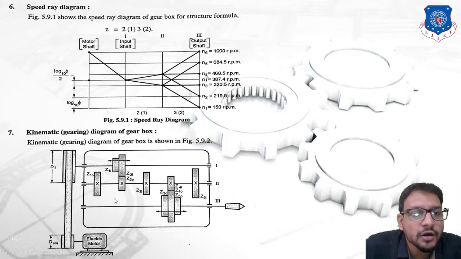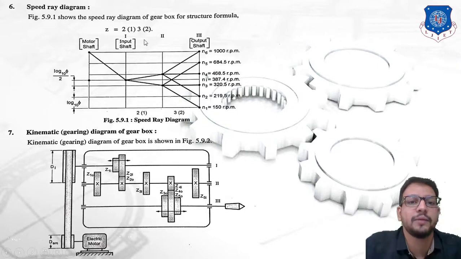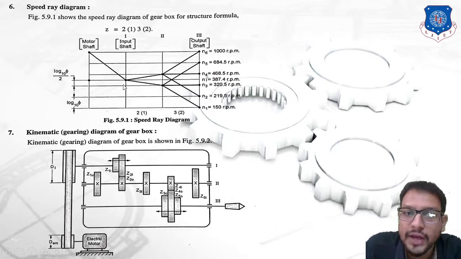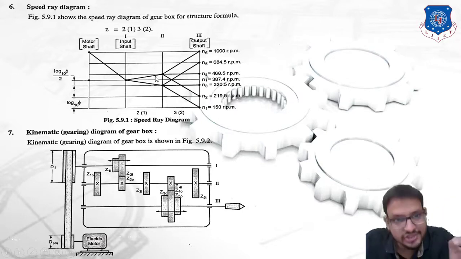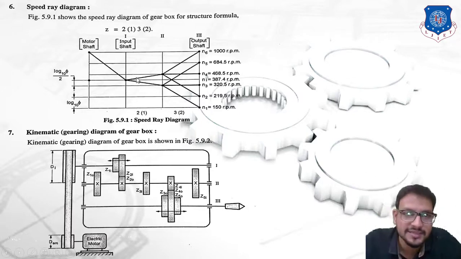Now how do we decide that on the input shaft there will be two gears? You can see I have shown two gears, right? So see stage one. In stage one you can clearly see that there are two lines. As I have already told, each line is a representation of one gear pair, which means this is one gear pair and this is a second gear pair.